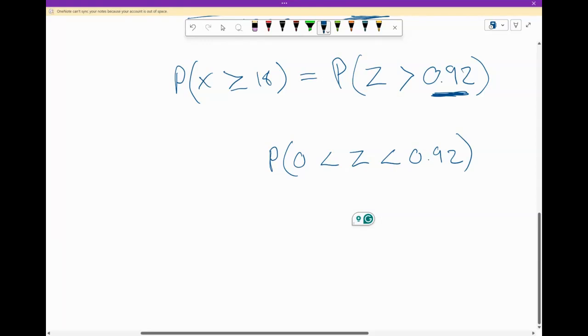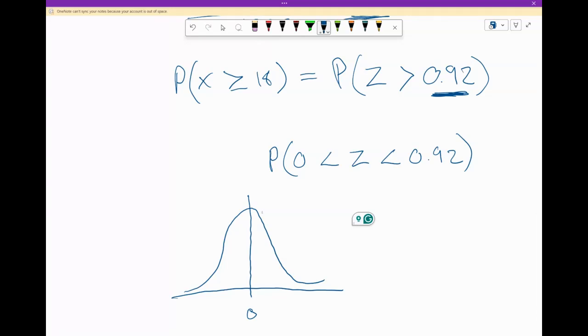Now, if you remember learning unit 6, I did mention this yesterday before you left. So this is 0, and 0.92 will obviously be to the right of the zero.